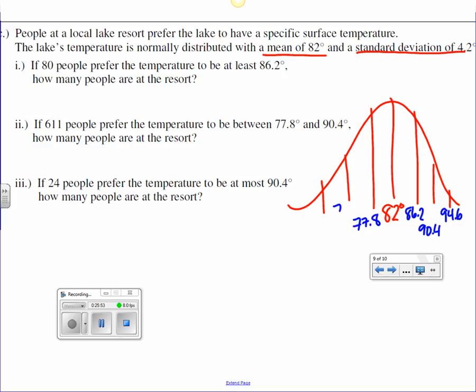And then 69.4. Okay. Same old. 34, 34, 13.5, 13.5, 2.35, 0.15, 0.15. Okay.